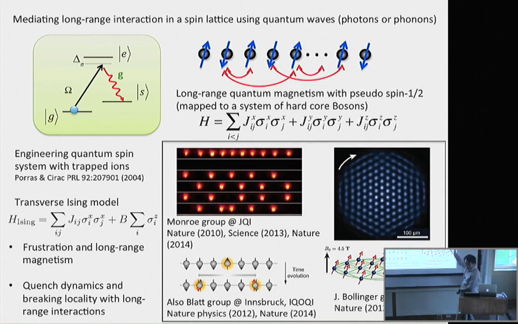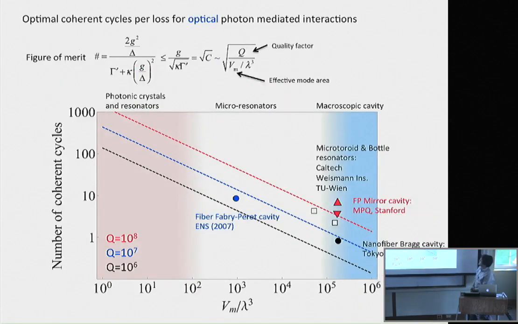However, I would then need to search for a system with very high cooperativity. We all know that the figure of merit in cavity QED with photons is the square root of the cooperativity, which tells you the number of coherent cycles you can drive spin exchange within the system before the photon is lost for good.